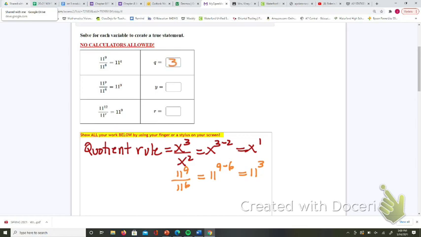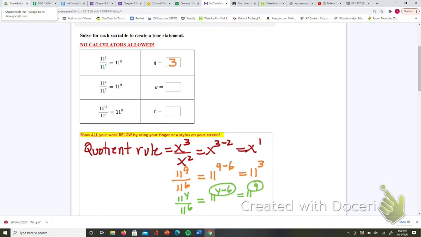Number 2, 11 to the y over 11 to the 6th equals 11 to the y minus 6, which equals 11 to the 9th. Okay, now we know that y minus 6 has to equal 9.